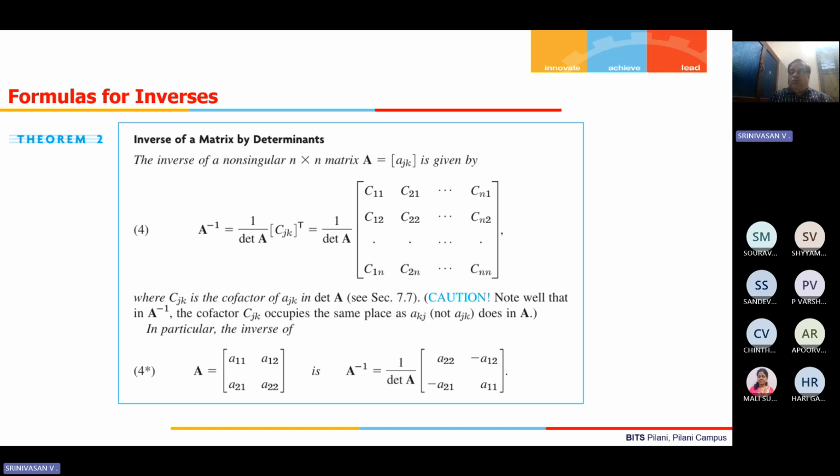So this is the transpose, which is the interchange of rows and columns. Here, C_jk is the cofactor of a_jk in determinant A. So cofactor means you find the cofactor of every element of A.